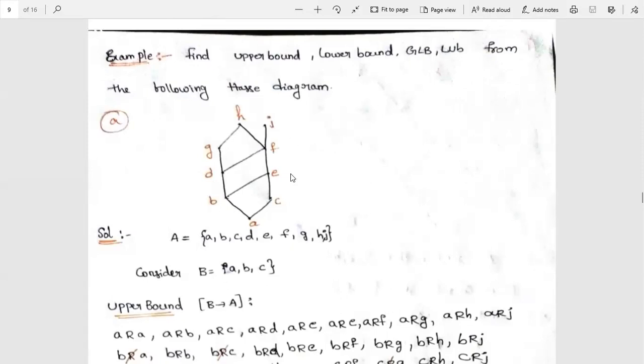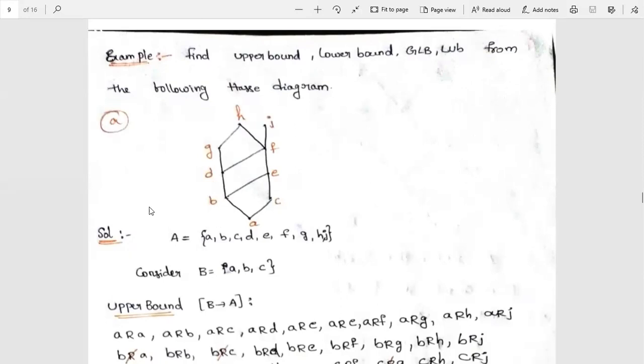In this given Hasse diagram, the maximal elements are H and Z, and the minimal element is A. For this Hasse diagram, the greatest element does not exist because the maximal elements are not unique, but the least element exists, that is A. So now we have to find the upper bound, lower bound, GLB, and LUB of the given Hasse diagram.